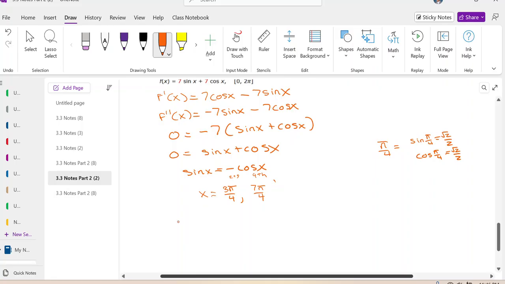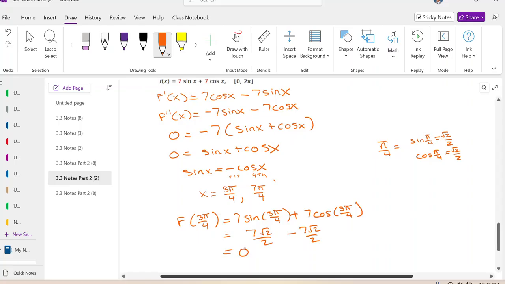Now to find the actual point, we put the 3 pi over 4 back in. 7 times sine 3 pi over 4 plus 7 times cosine 3 pi over 4. Well, this would be 7 square root of 2 over 2, but this would be negative square root of 2 over 2, so minus 7 square root of 2 over 2.